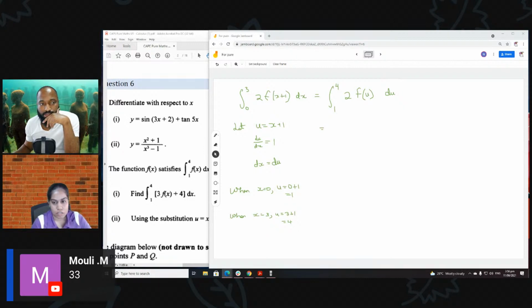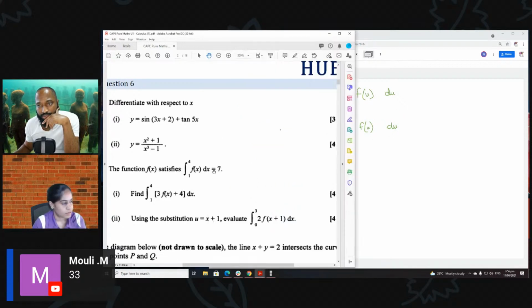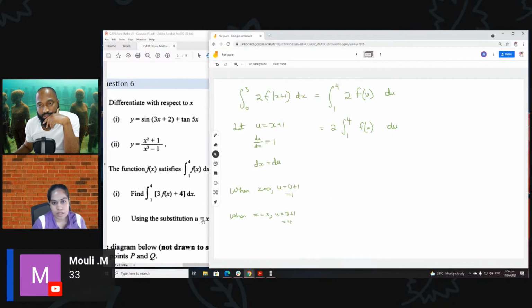Well, f is a function. So first, let's bring the constant outside of the integral. So we have 2 times the integral between 1 and 4 of f of u du. Now, does this look familiar? That's this guy. Does that look familiar to anyone? It's from part B, part I of the question.